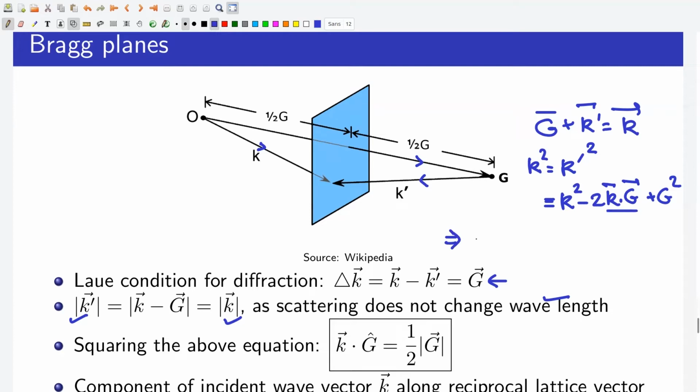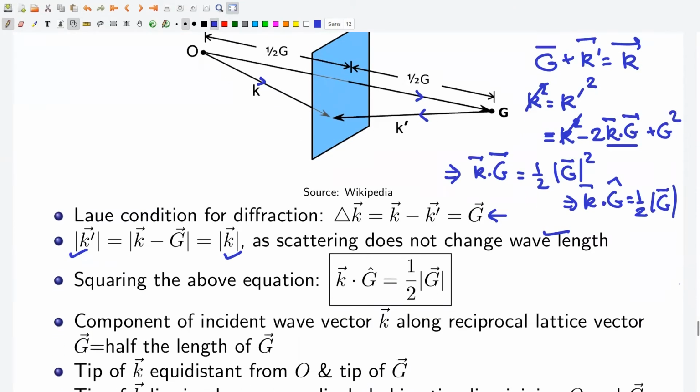This implies that k dot g equals half of g square, since the k square term cancels out from both sides. Then we can rewrite this equation by dividing the vector g by its magnitude, so we get k dot g hat equals half of the magnitude of g.